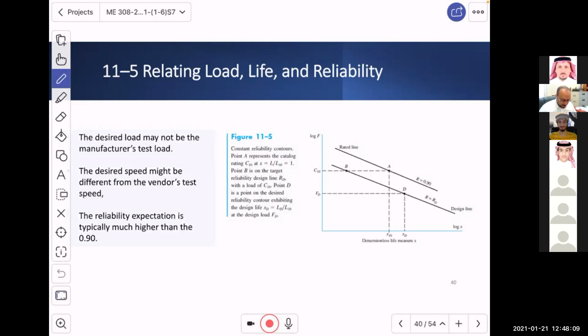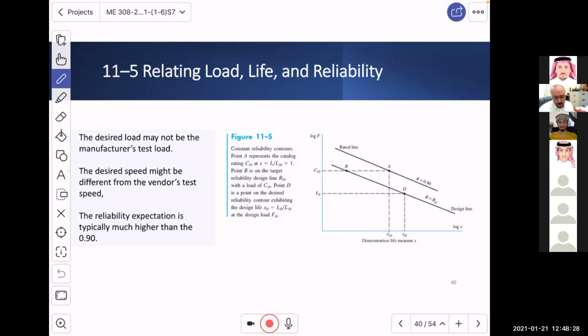The problem is this: we don't play when we design, we compute. You can expect, in general, that for a 90% reliability rating, you will get C10 equals 1 kilonewton.